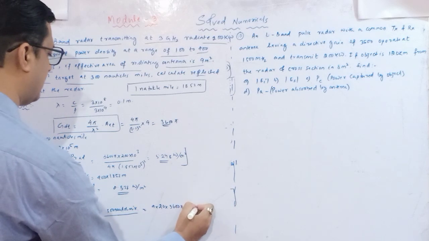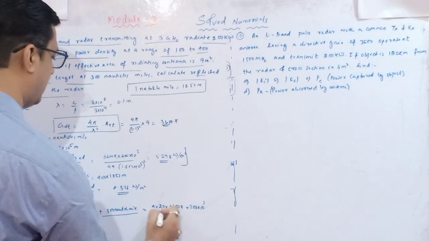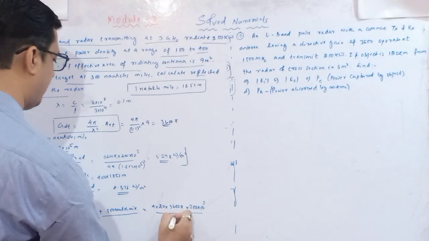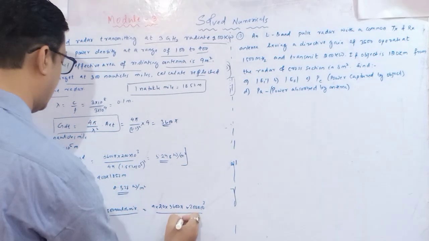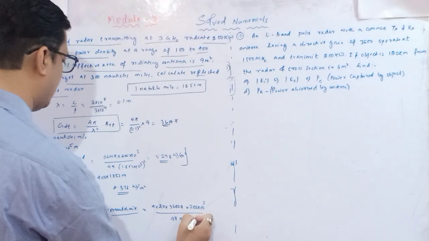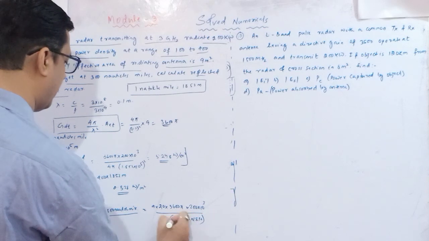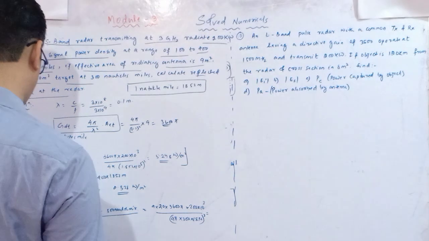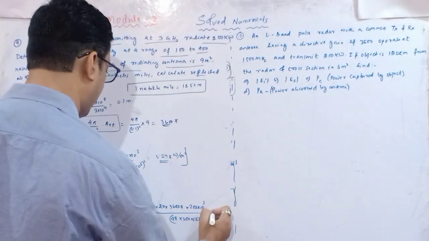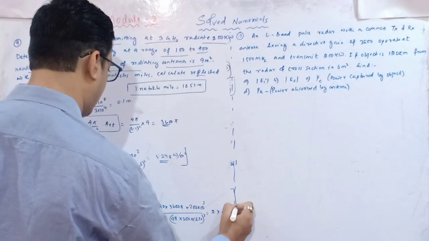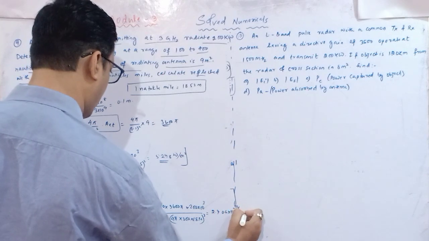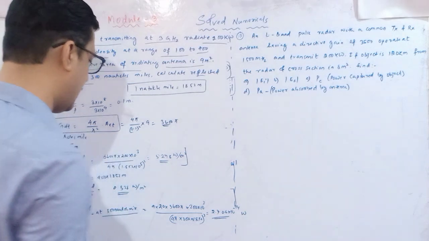Radiated power is 200 kilowatt divided by 4 pi R square, where R is 300 into 1852 whole square. So this much you have to calculate. This is your power received, which we will get as 2.706 into 10 to the power minus 14 watt. So this much we will get after solving.